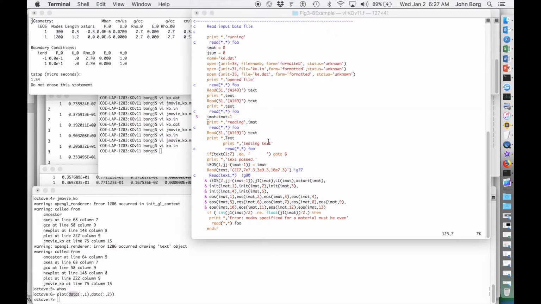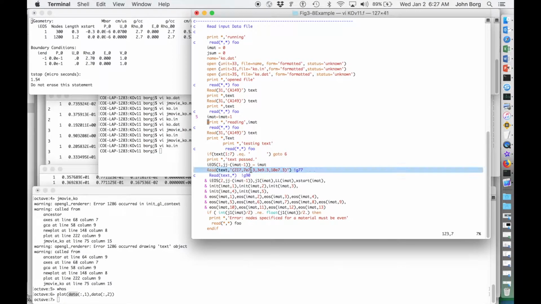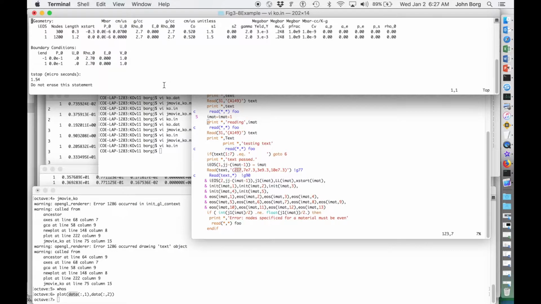So it's important to recognize that because this is a formatted read in Fortran, and maybe one day I'll fix this, you need to be careful not to violate this formatted statement here. So what that means is that where the numbers are within ko.in are not arbitrary.